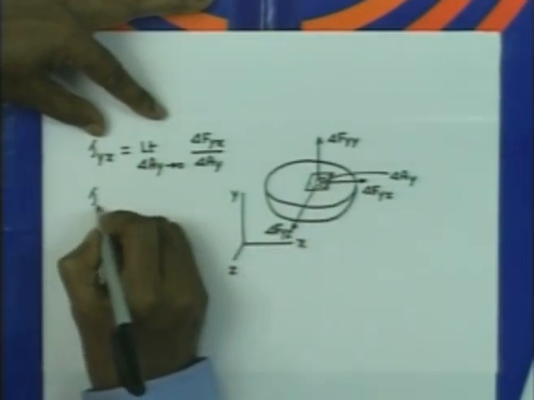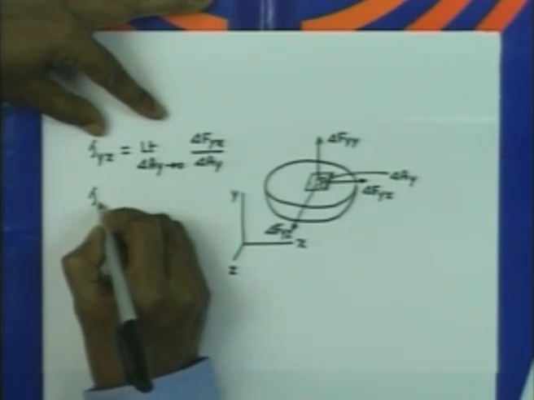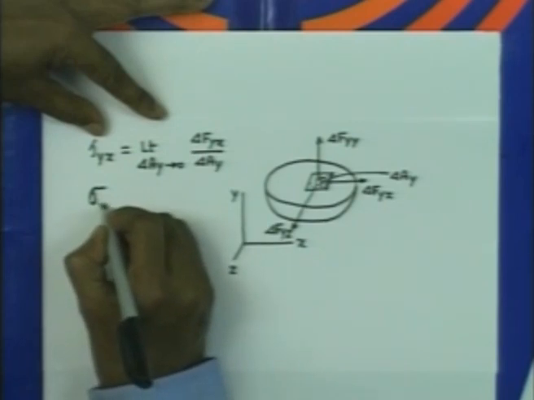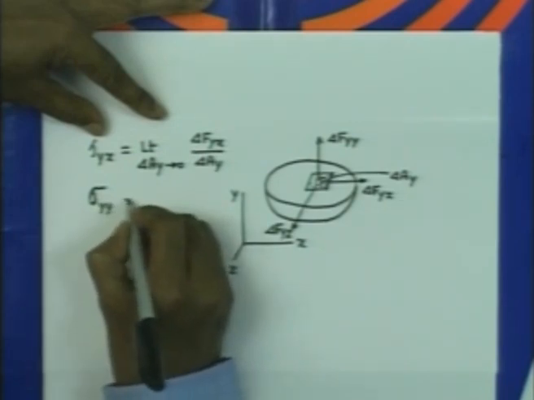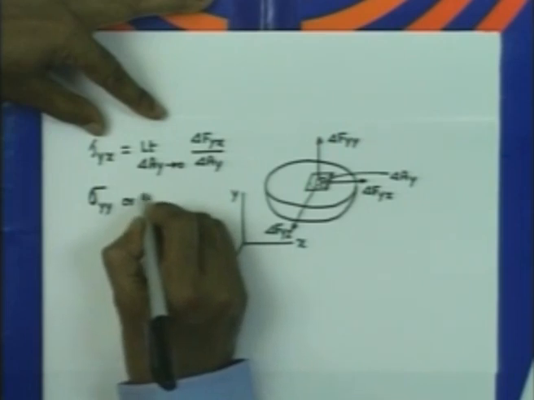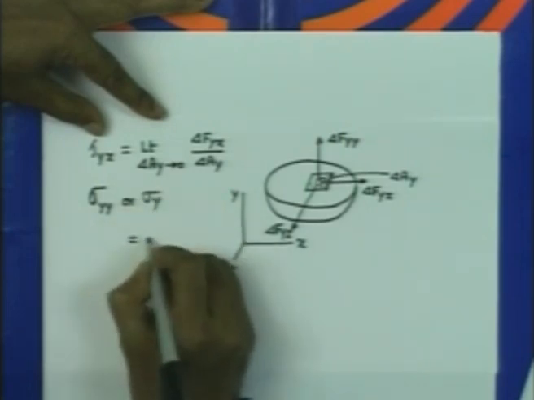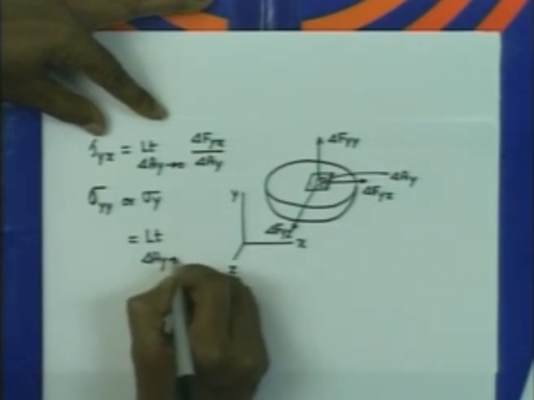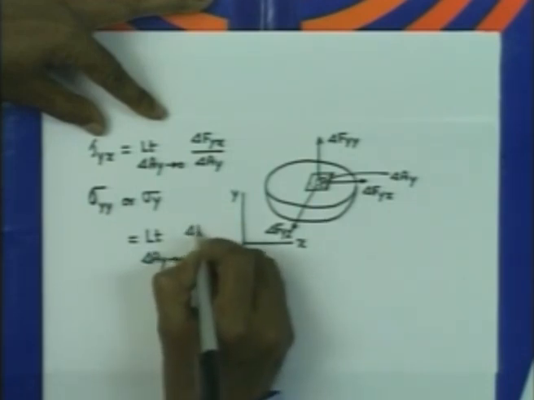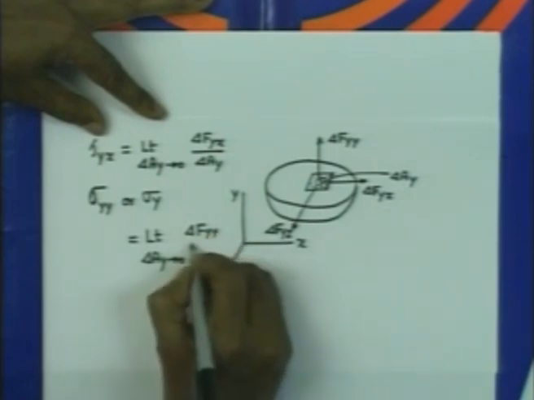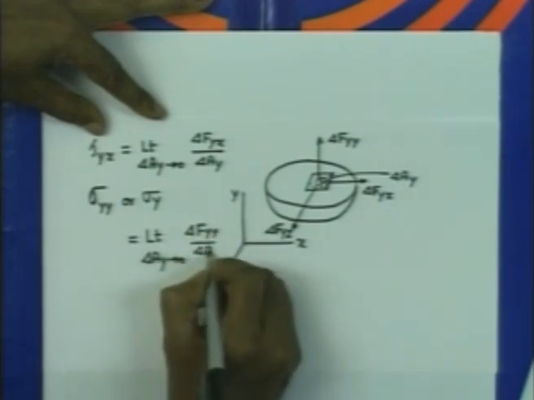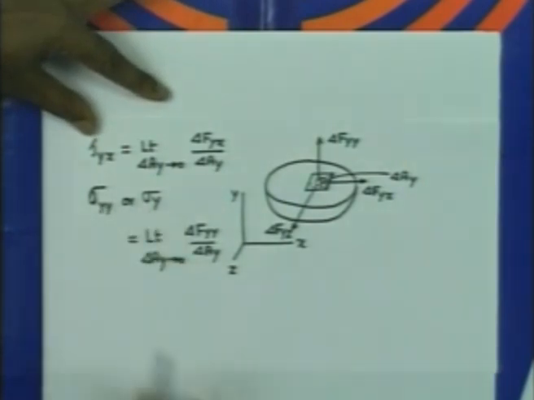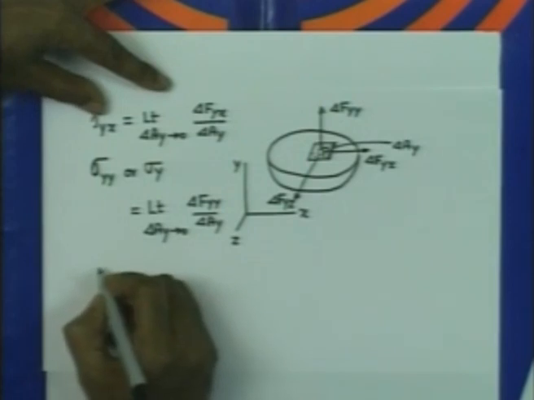Similarly, if we consider the limit, delta A y tending to 0, of delta f yy by delta A y, that gives us the stress in the y direction, sigma yy or sigma y.